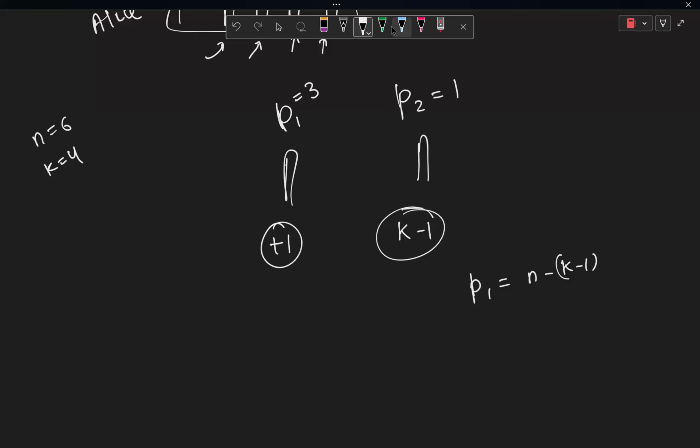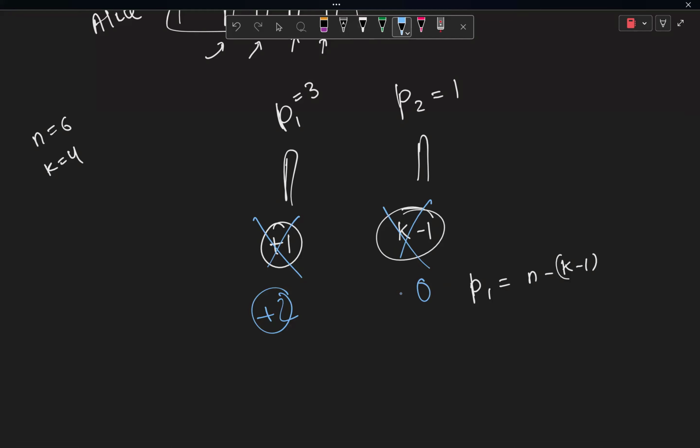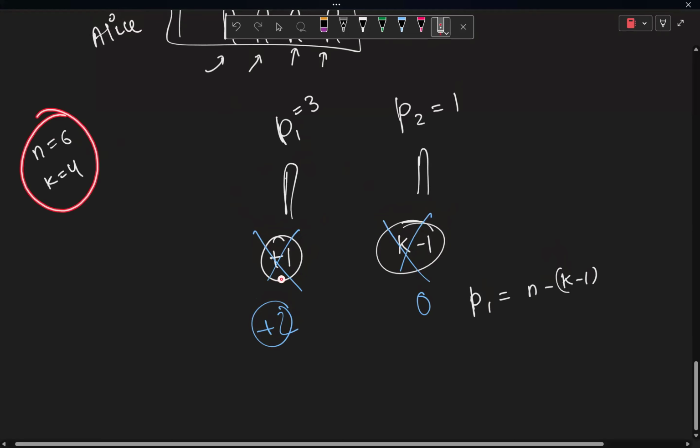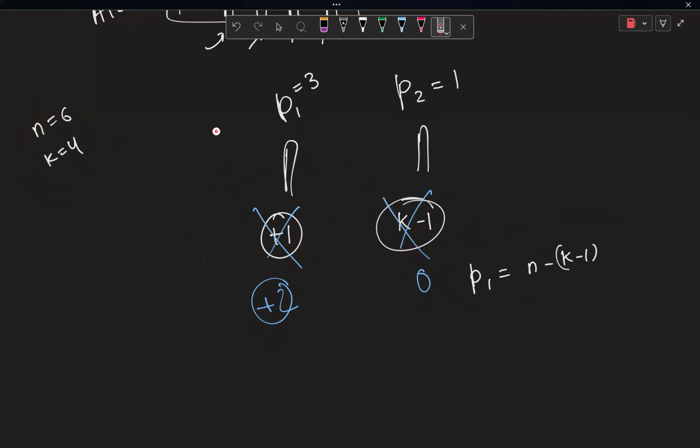So what will happen is Alice will actually buy, instead of plus 1, plus 2, and she will not have any coins left. So the whole basis of our approach has failed. For this case, the whole basis of our approach for deciding the value of P1 is failing.